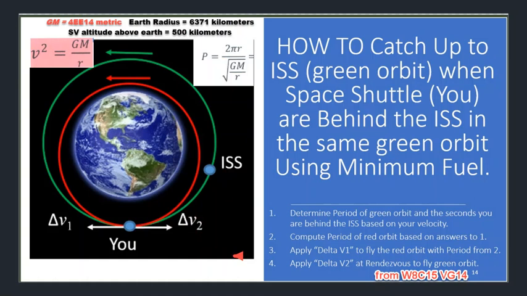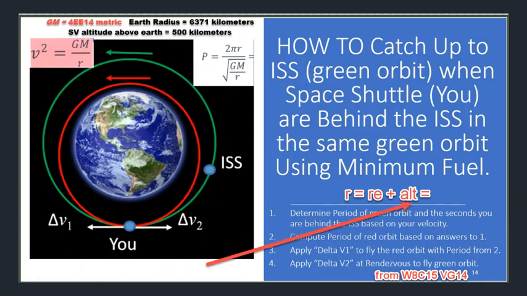So the first thing we're going to want to do is to find out what our radius is so that we can use the formulas to find our velocity in the green orbit and our period. This R for the orbit is going to be equal to the Earth radius plus our altitude, and that's going to be 6371 plus 500.